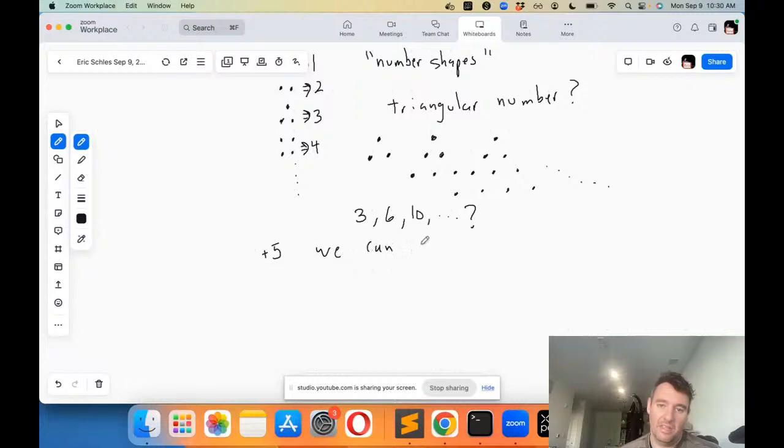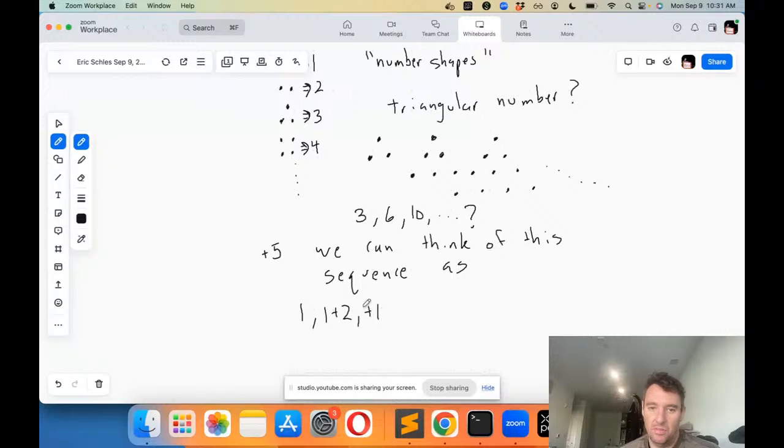We can think of this sequence as 1, 1 plus 2. Sorry, got a little bit ahead of myself there. 1 plus 2 plus 3, 1 plus 2 plus 3 plus 4, and so on.